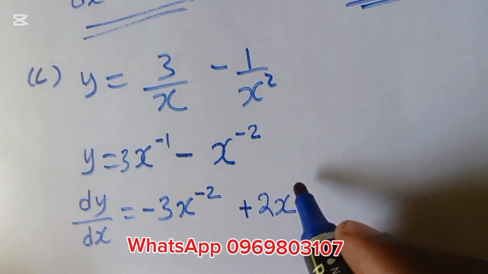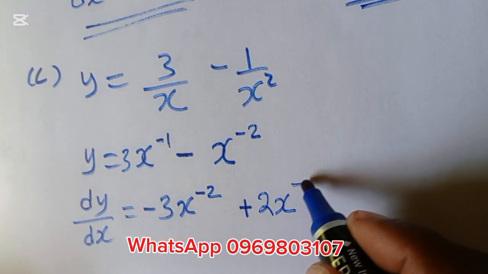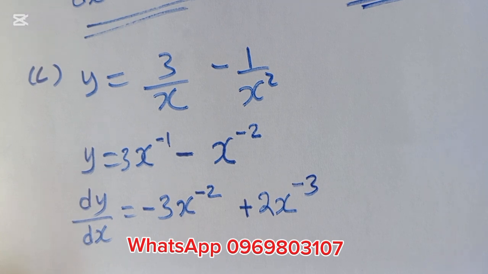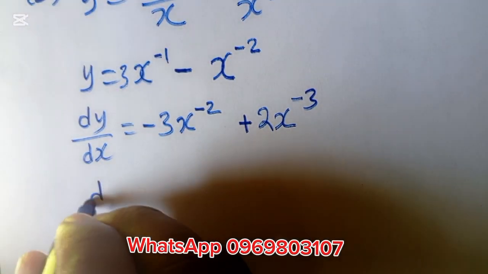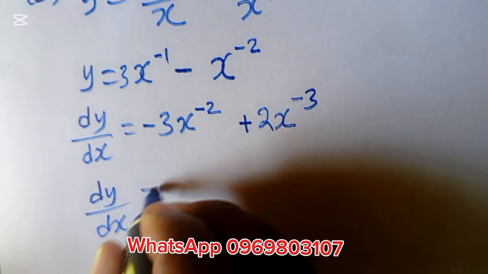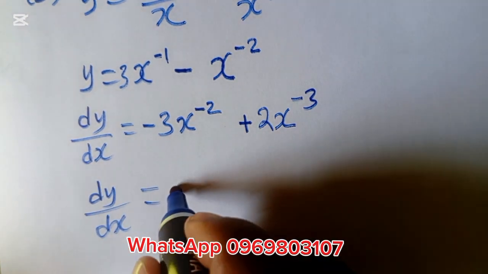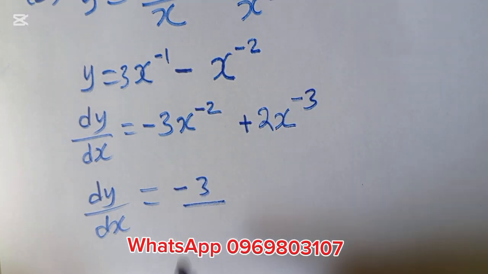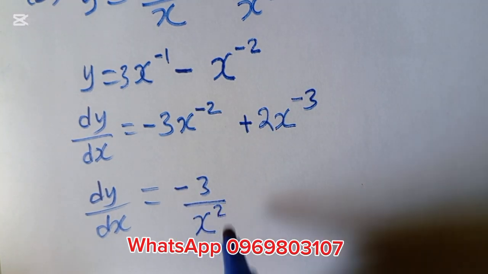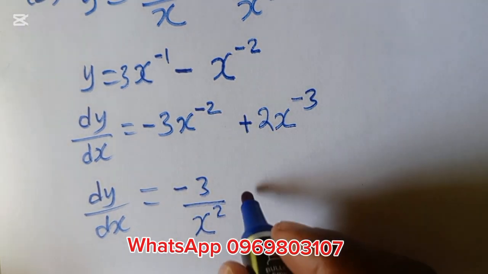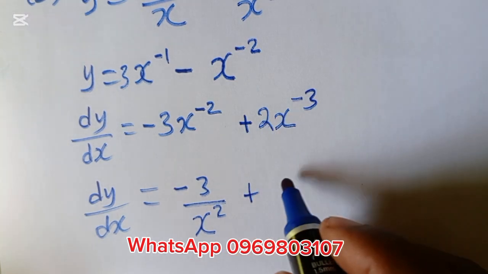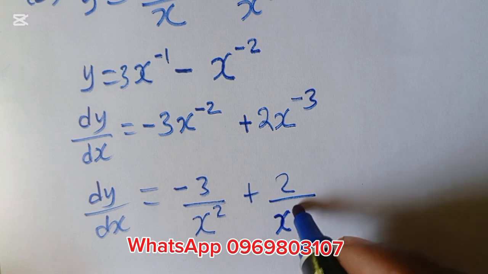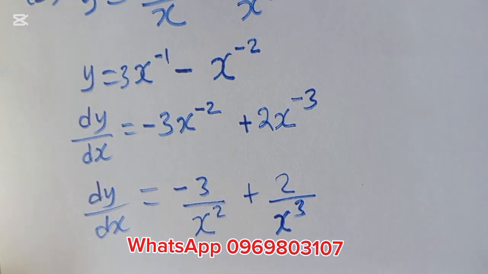Negative 2 minus 1, that is negative 3. So I simplify my answer. So dy/dx is equal to negative 3 over, so this negative will disappear, so it will be x to the power 2 plus 2 over, this negativity will disappear, so it will be x to the power 3.